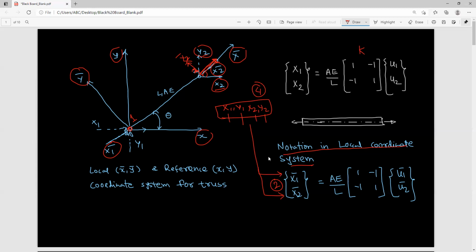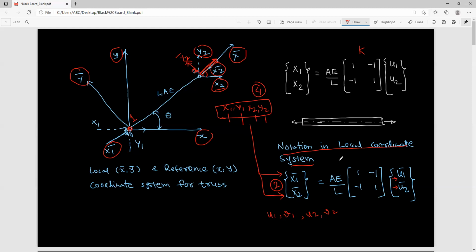Similar to forces, there will be displacement components as well. Displacements in the local coordinate system are given by u1 bar and u2 bar, and you have u1, v1, u2, v2 in the reference coordinate system, the displacement components corresponding to the forces.